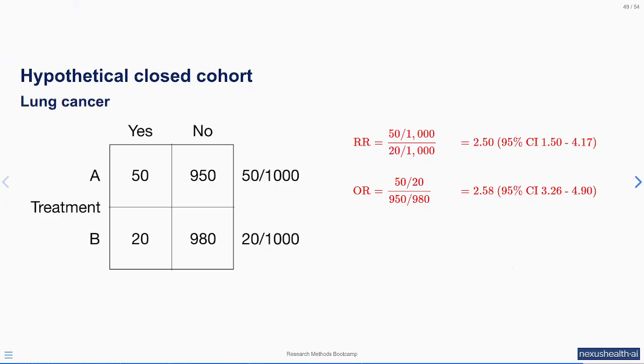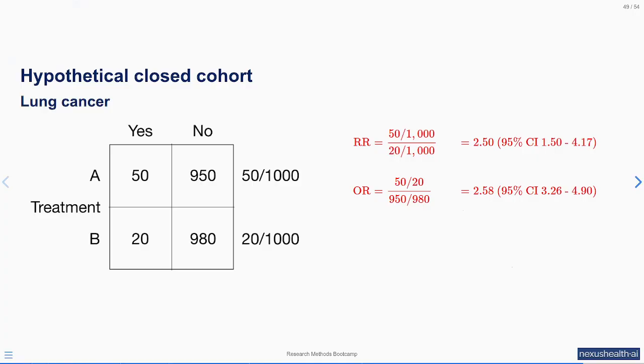And those who received treatment B, we have 20 people developing the outcome that we're interested in. And so, if we calculated the relative risk, we get 2.5, right? Because the risk is given to us by the number of individuals exposed or not exposed over the denominator. So 50 over 1,000, 20 over 1,000.